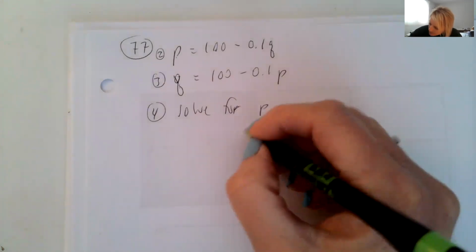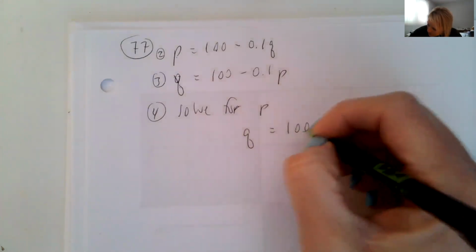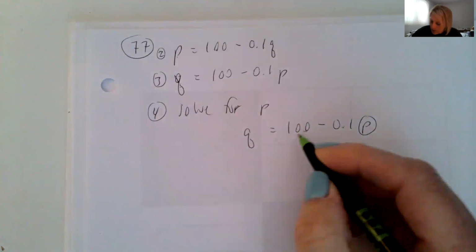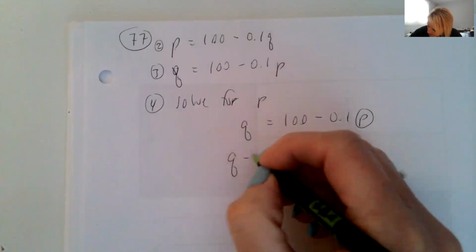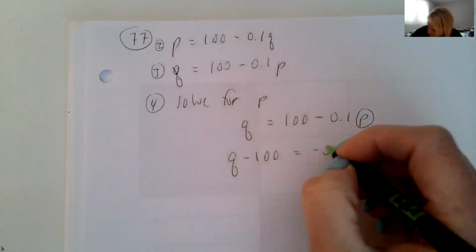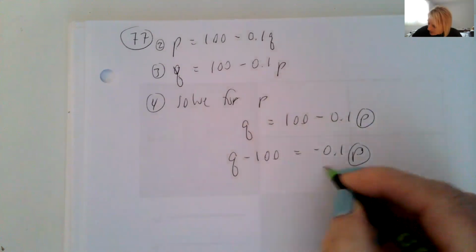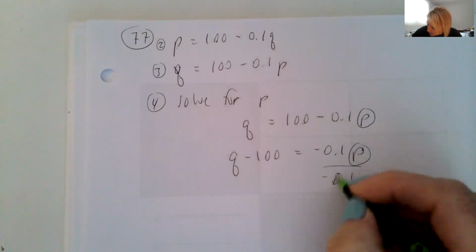Okay, so we're solving for P. So we're going to subtract 100 first. And then we're going to divide by the negative 0.1.